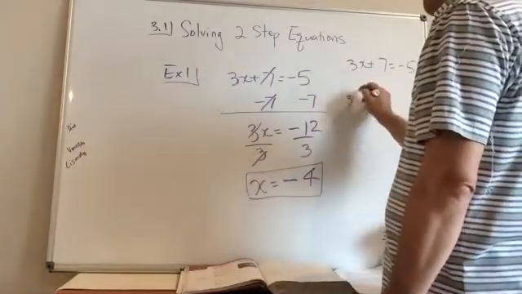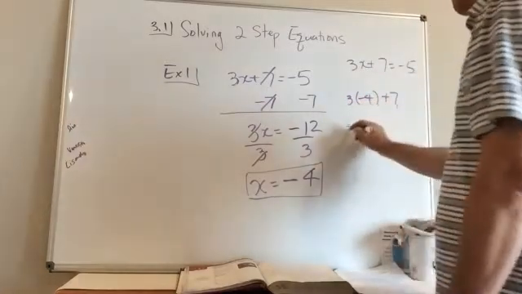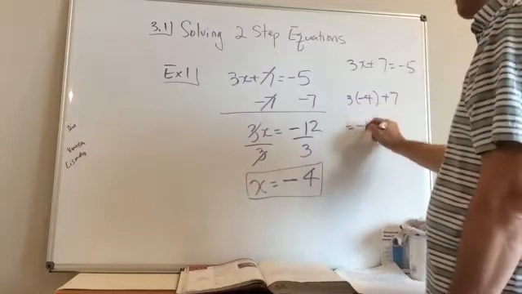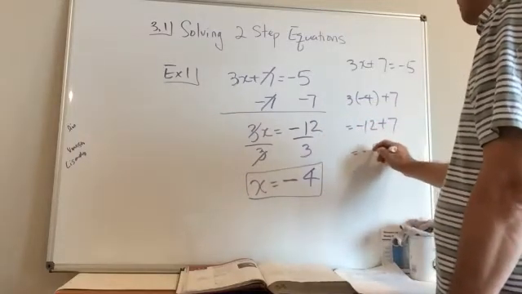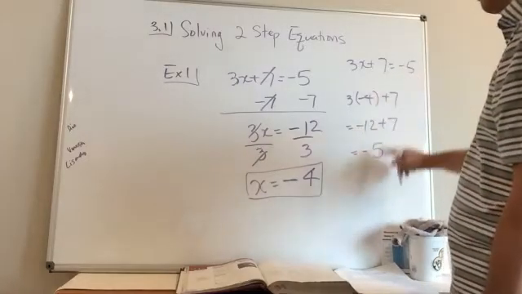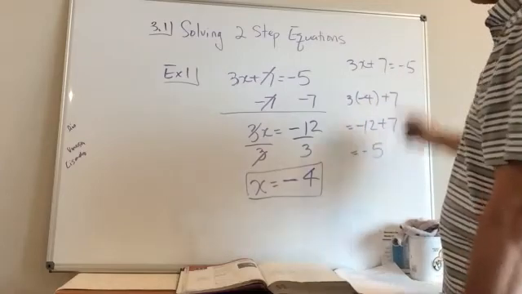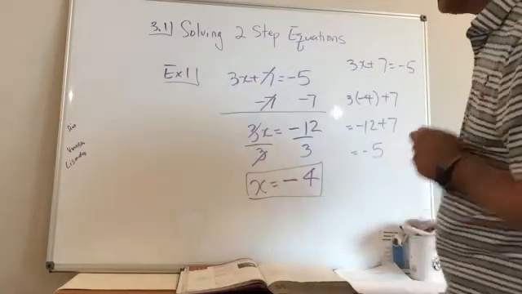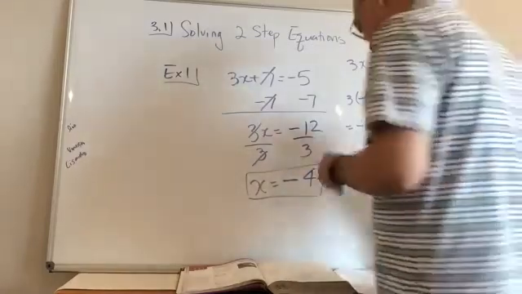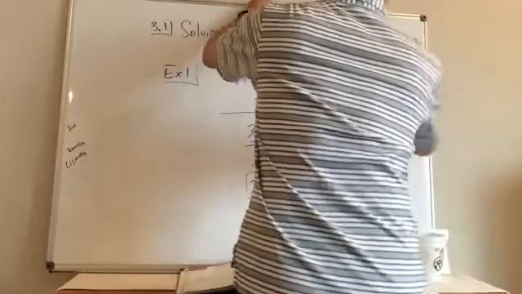So it'd be 3 times negative 4 plus 7. 3 times negative 4 is minus 12, plus 7 is equal to minus 5. So again, it looks like it does work, because I do get the negative 5 that I'm supposed to get. So this is how you would check your answer. Okay? All right. Good. Let's move on to the next one.